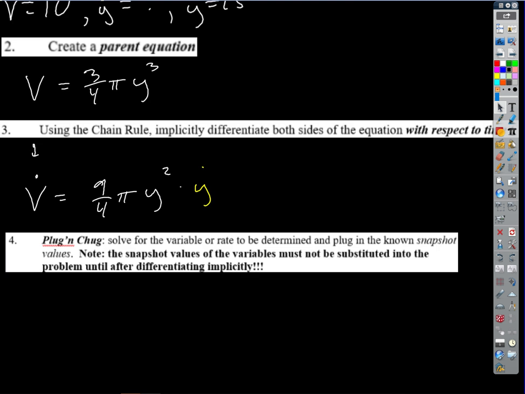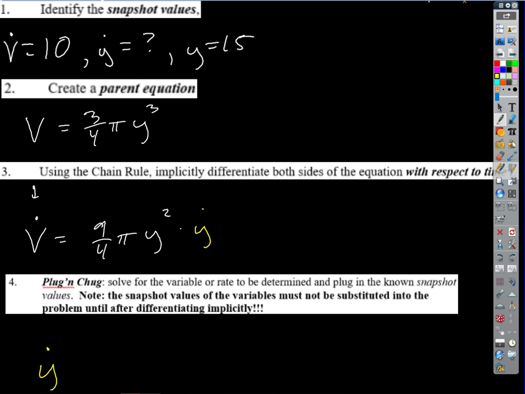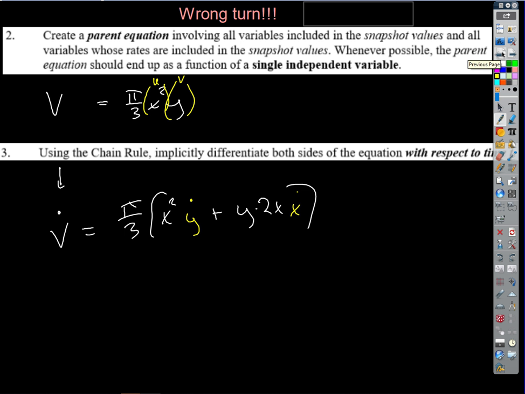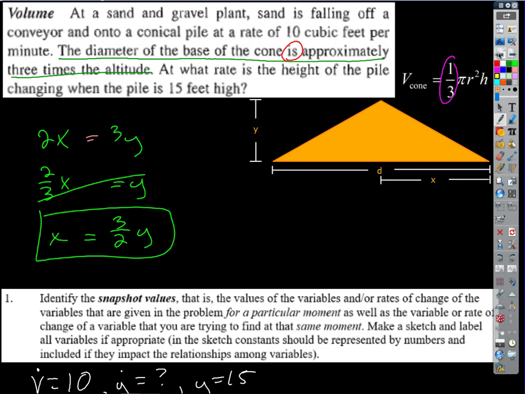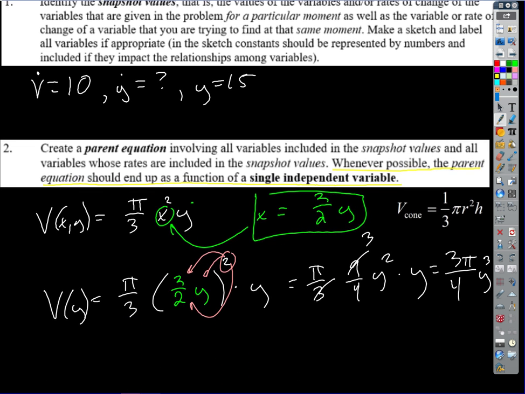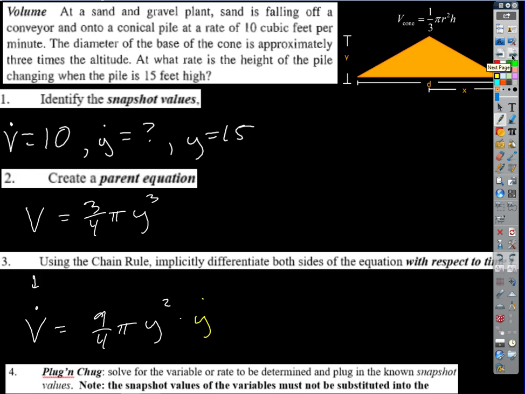Okay, so what does that leave us with? To get the y dot by itself, we can just do this in our head. Hey, Mr. White, isn't that supposed to be 3/4? Did I mess that up? Oh, no, but that's the derivative.